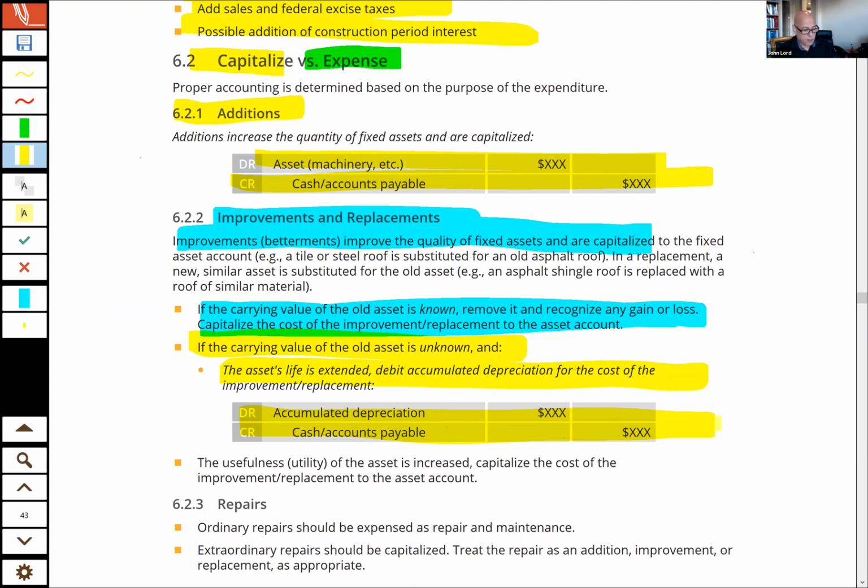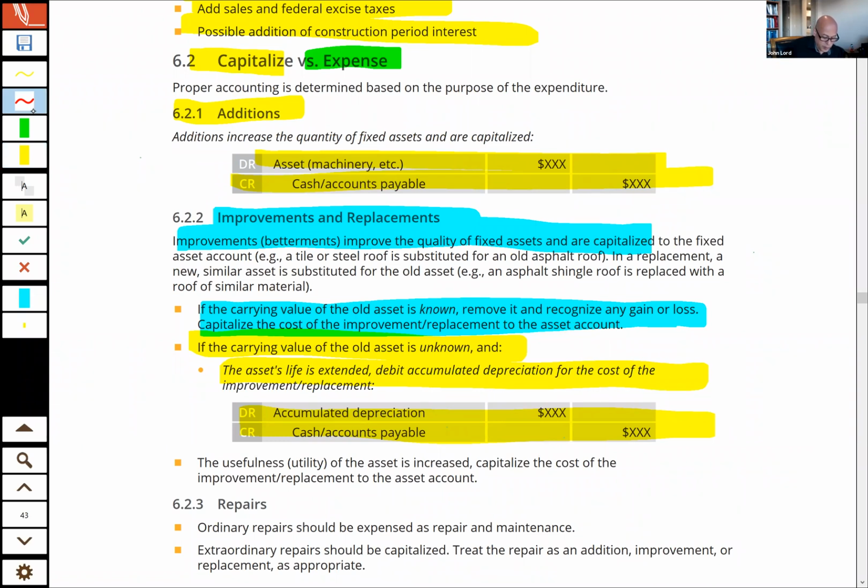Okay. If you were, say, overhauling an engine in a vehicle, then what? Well, maybe now you're increasing the usefulness, right? Because you can take on longer delivery schedules than you would otherwise. So then you would debit the asset and credit the cash, whatever you paid for that.